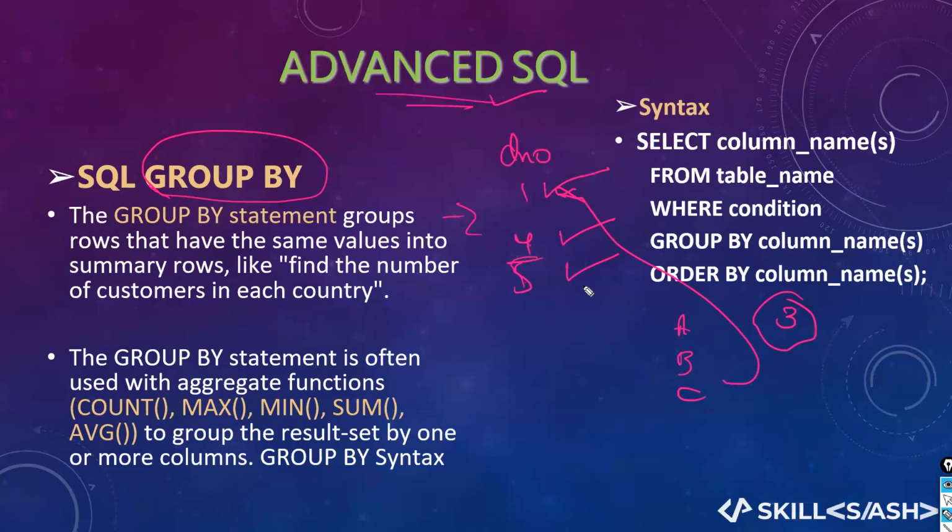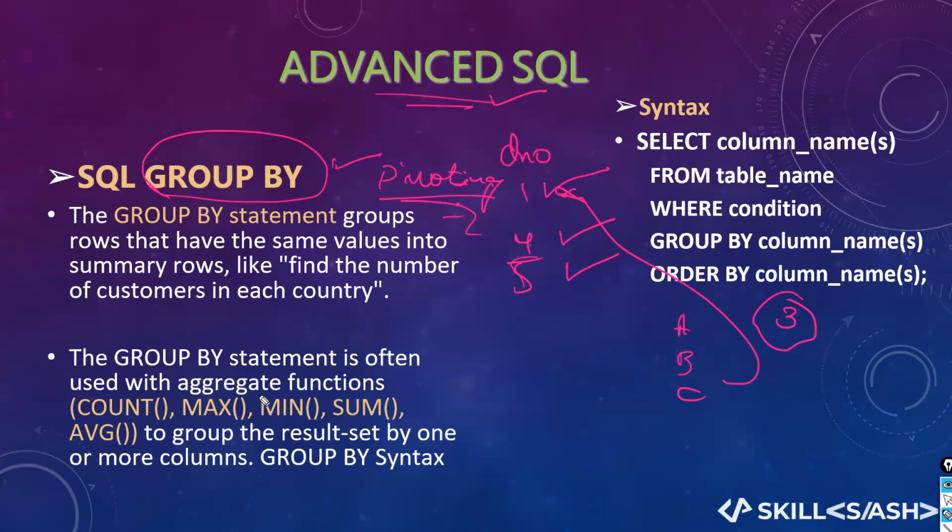How many employees are there? How many female employees are there? Like that. If you want to group all these records based on some condition, we call it grouping by. It is like pivoting. Maybe you have seen it in Excel, right? It's like pivoting, summarizing your output based on some condition. So that is what group by is.